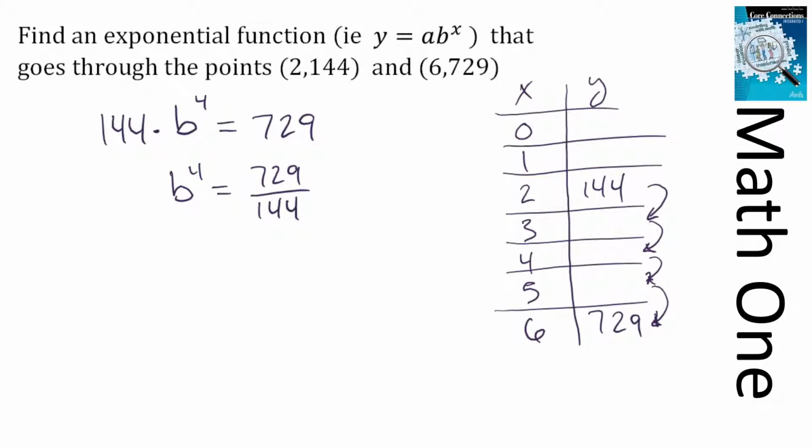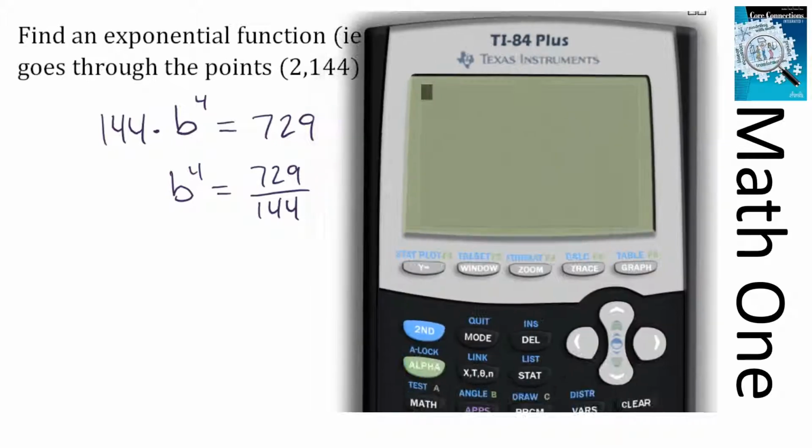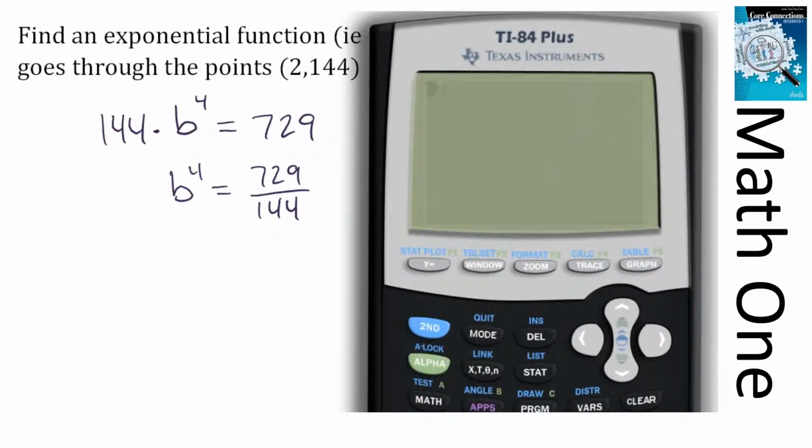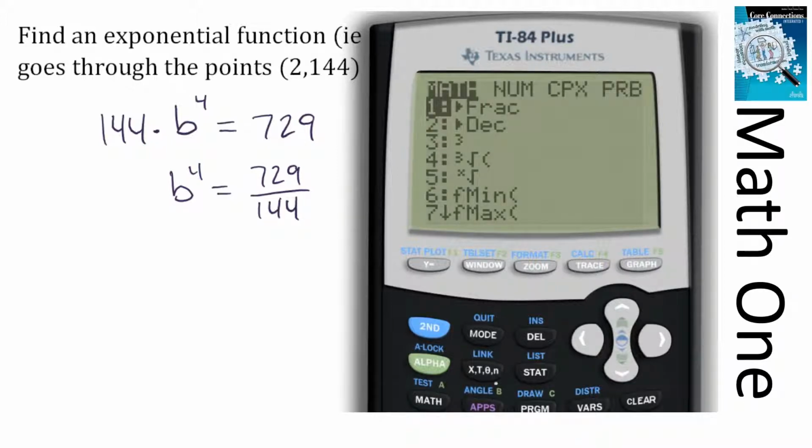On the TI-84 Plus, if you want to calculate the 4th root of something, you begin by entering the number 4, because I want the 4th root of something. Then I'm going to press the math button. Once I do that, you can see way down here, option number 5 is the xth root of something. So I'm going to press option 5, and then press enter.